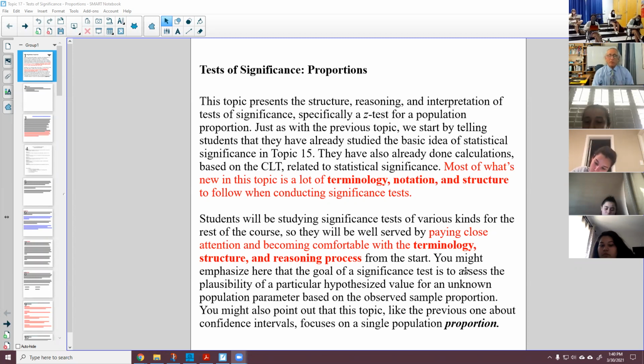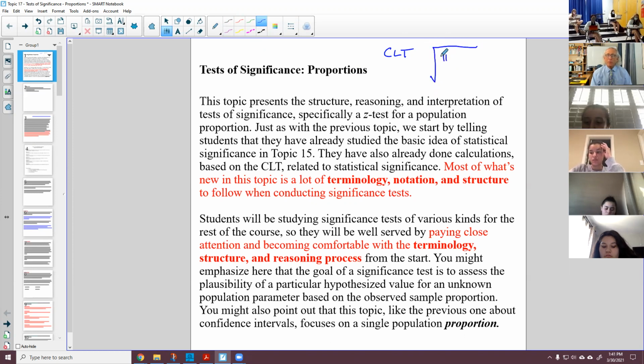So a lot of what it means is that when we go to use the central limit theorem, we're going to end up using this formula, either using pi or p hat, for calculating our standard deviations.